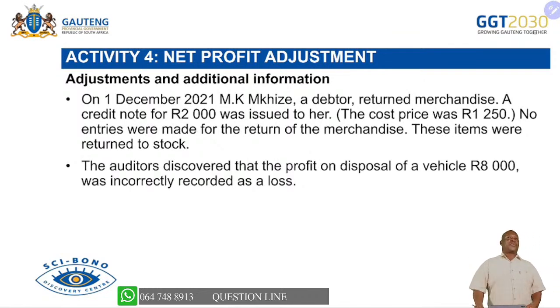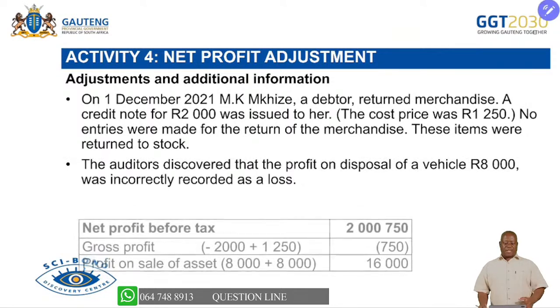It must increase. But if we record it as a loss, it means we subtracted. Wrong sign. A plus was taken as a minus. So let's see how we are going to deal with these two adjustments now.